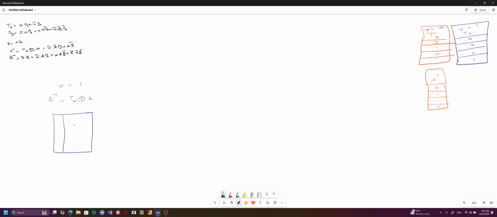I think this is too small. Let's see now. A, TA, A plus, I'll draw this and this. A is 0, 0, 1, 1. TA is 0, 0, 0, 1. 0, 0 is 0. 0, 0 is 0. 1, 0 is 1. 1, 1 is 0.